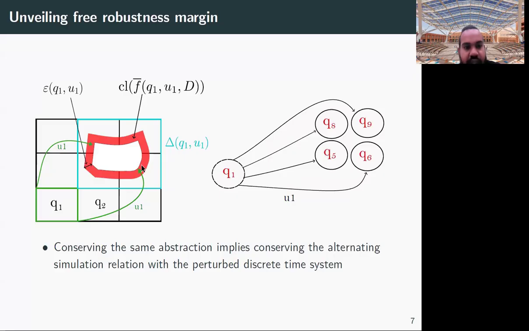So from here comes the idea that we have some free robustness margin while doing the abstraction. After that, we looked for the maximal robustness margin we can add to every reachable set of state and input while having the same symbolic abstraction. So from here comes the idea of free robustness margin.